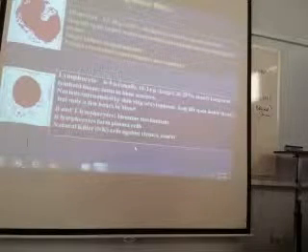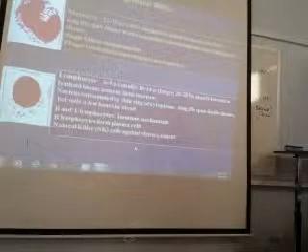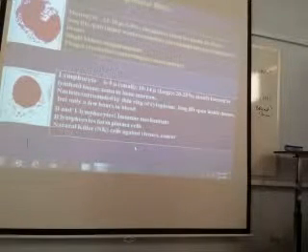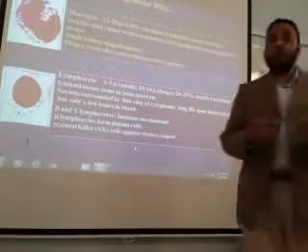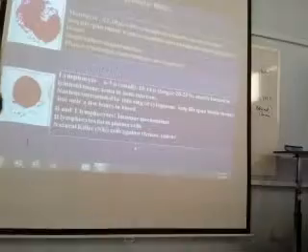Another point is, these neutrophils and monocytes are escaping out into the tissues as well. Once they are out in the tissues, they become macrophages.